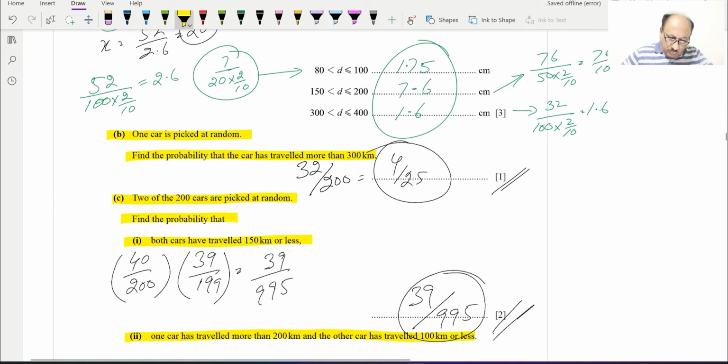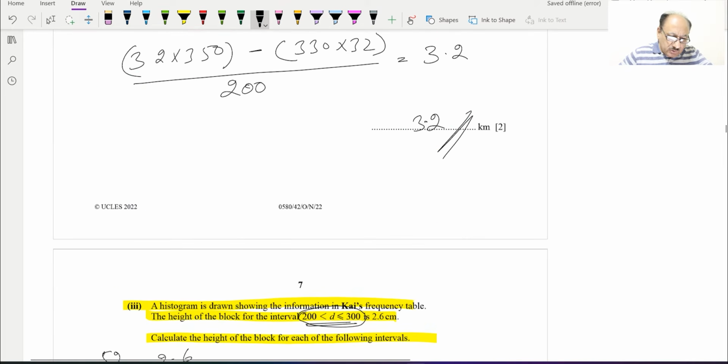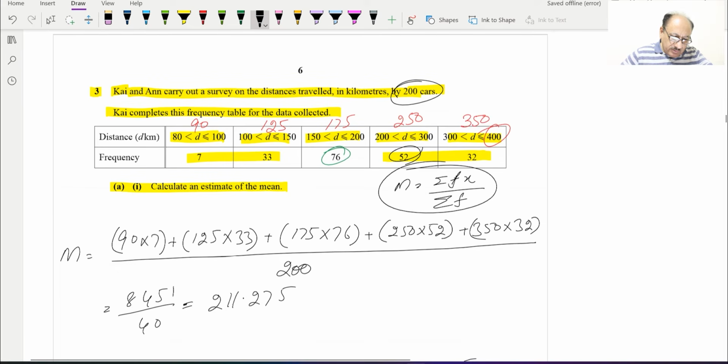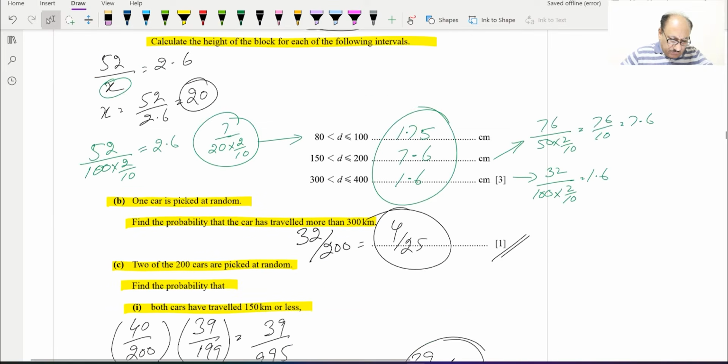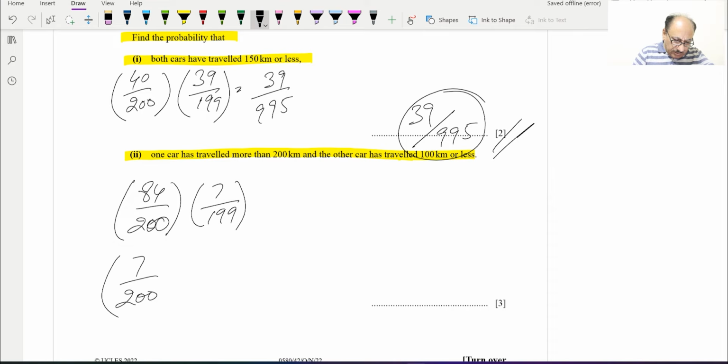So we take 84 out of 200, and the second has traveled 100 kilometers or less, which will be the 7, so we take 7 out of 199, since one is already taken. The second option is 7 over 200 first, and then 84 over 200.